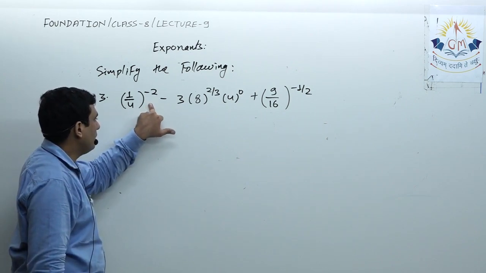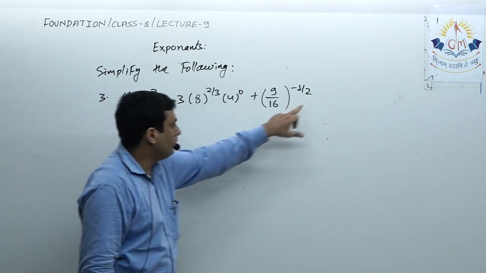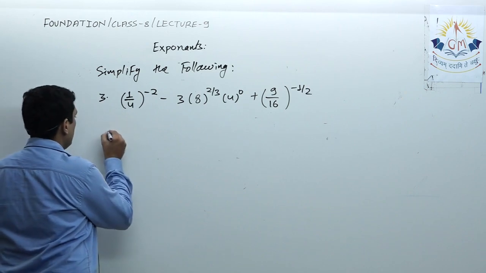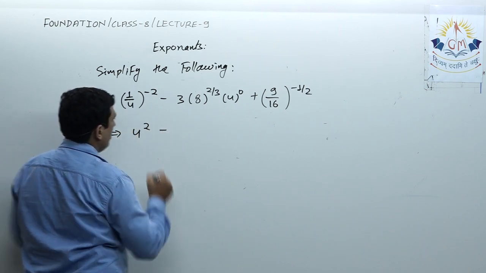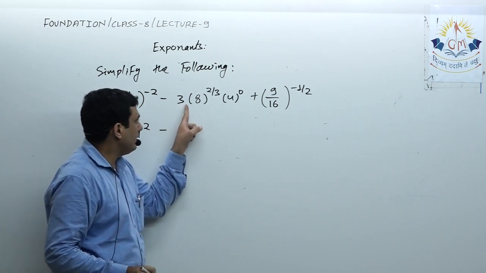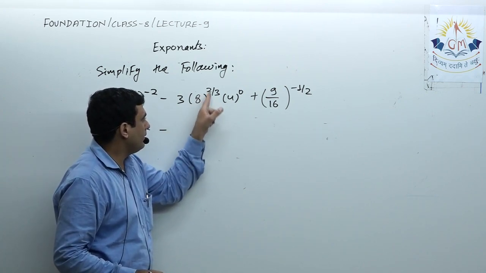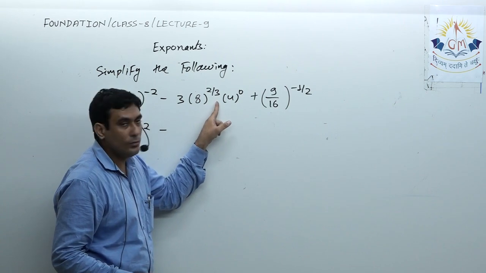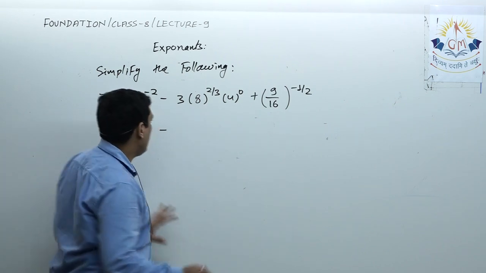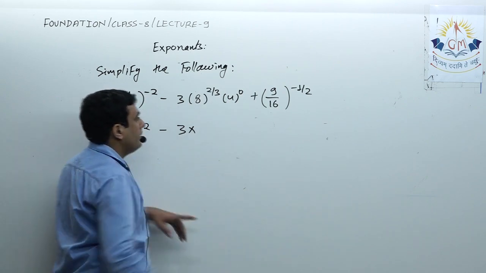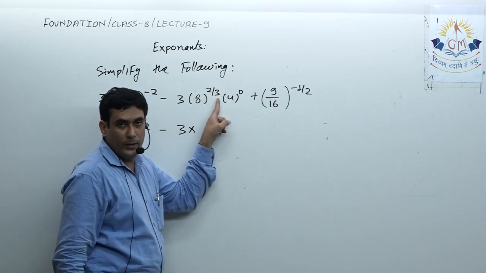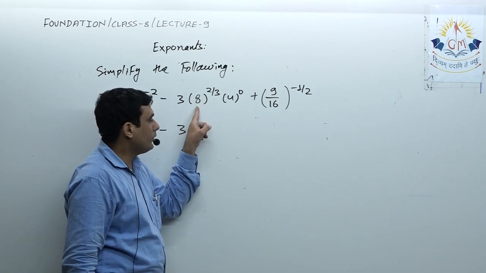First of all we'll convert this negative power into positive, so this will become 4 raised to 2 minus, now see, after 3 there is no sign. Similarly 8 raised to 2 by 3, and after this there is no sign, that means they are in multiplication, so 3 multiplied by.